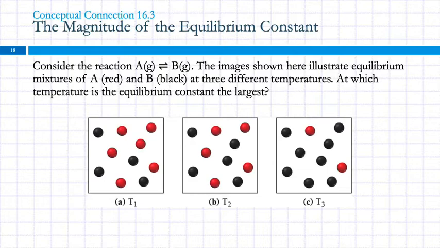C. Because what makes the equilibrium constant large? A large amount of product. So this one has more product relative to the reactants than the other two. So we saw that rate constants depended on temperature, and equilibrium constants are also dependent on temperature.